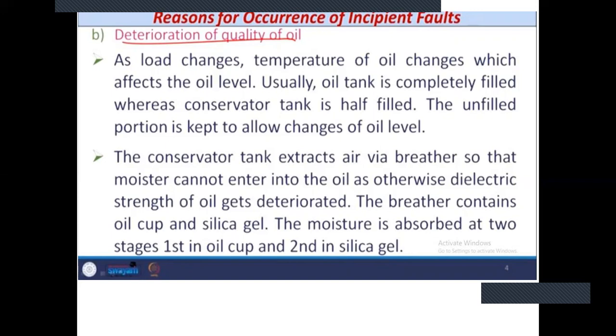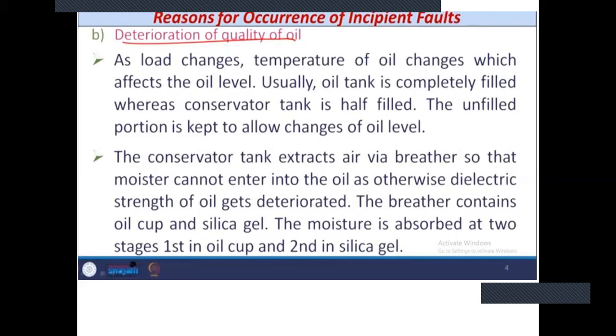The conservator tank exchanges air via the breather so that moisture cannot enter into the oil, because if moisture enters the oil, then the dielectric strength of the oil will be reduced. The breather contains basically two things, the oil cup and the silica gel.